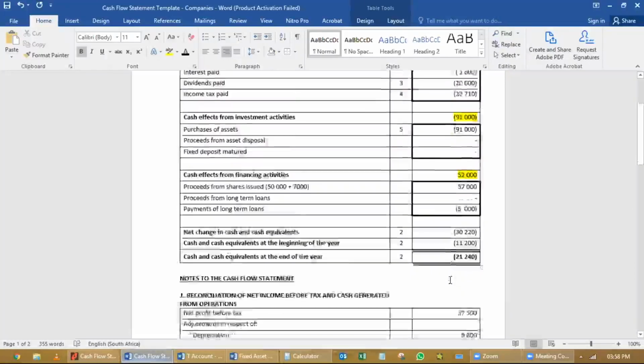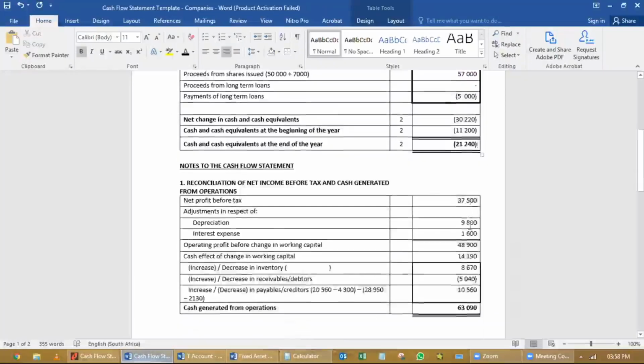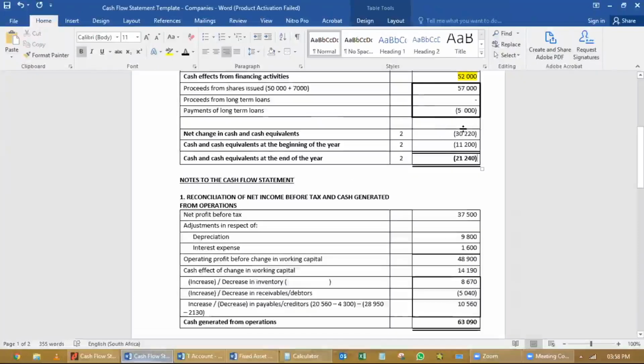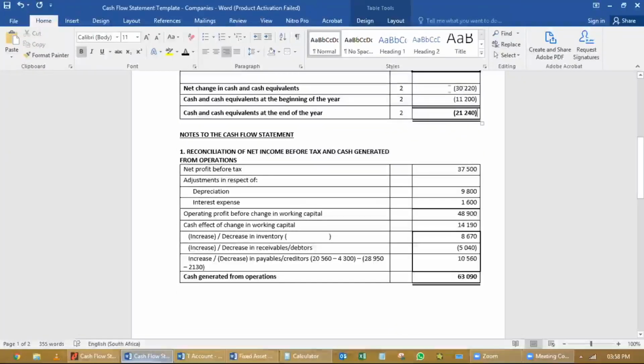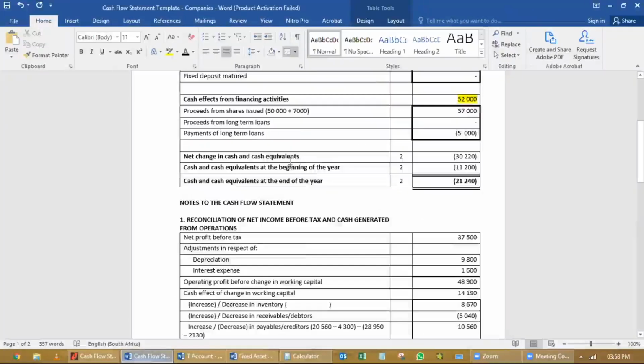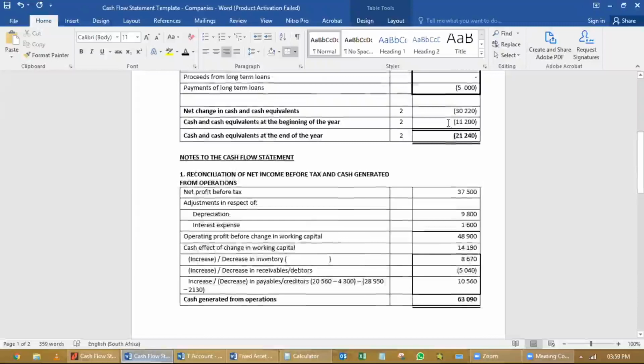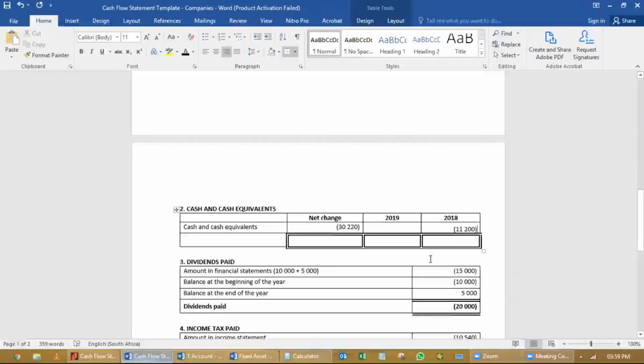When you've done that, you've basically completed your cash flow statement, but now your note is still incomplete. So then you're just going to copy that. My net change was 3220, in brackets. At the beginning of the year was 11,200, and at the end of the year was 21,240.